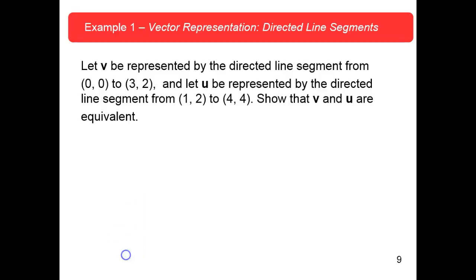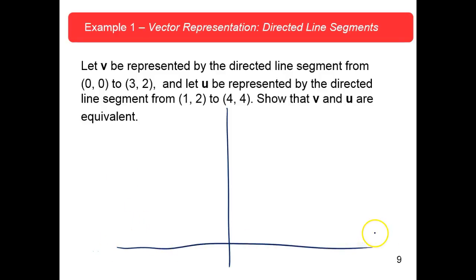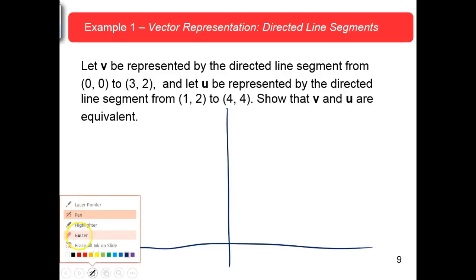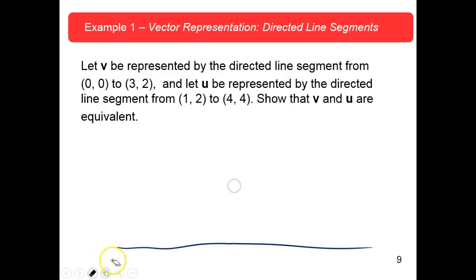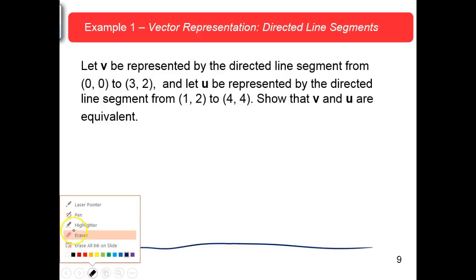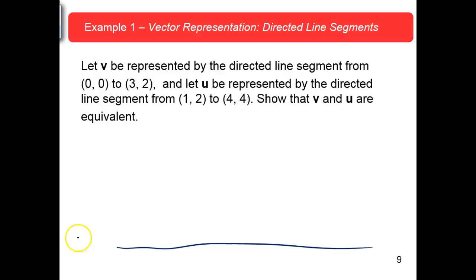Now, I don't draw graphs well, so get over it. It seems like everything here is in the first quadrant, so I probably should have just made a single quadrant line here.